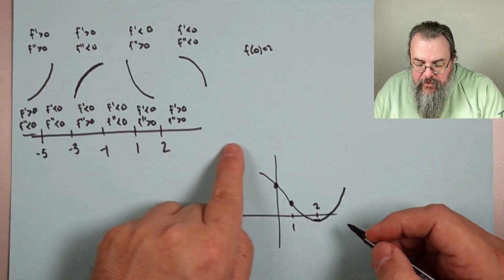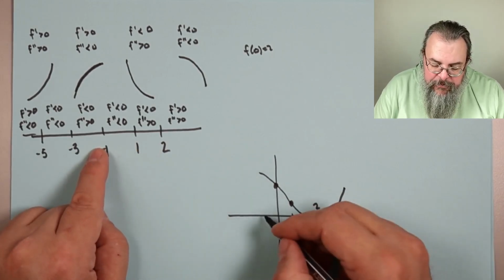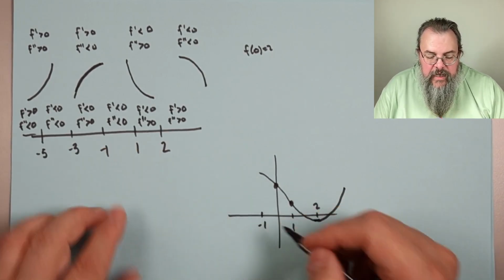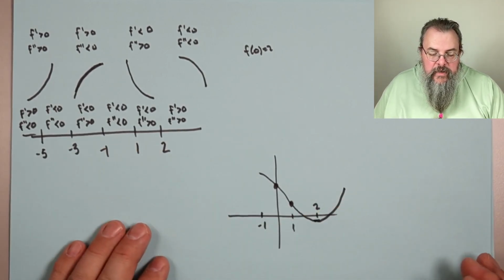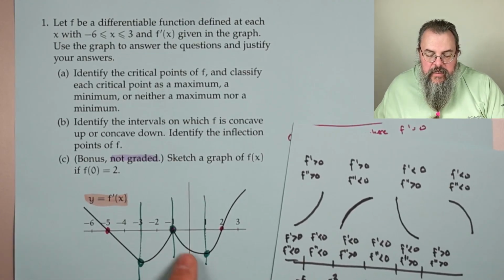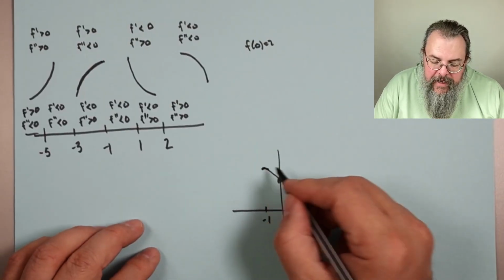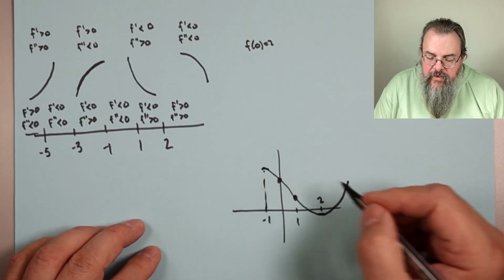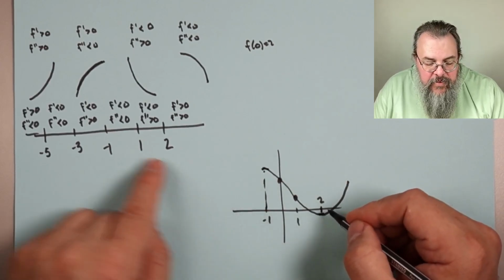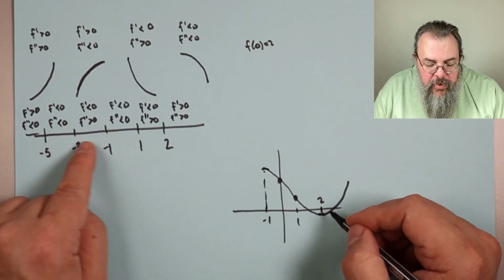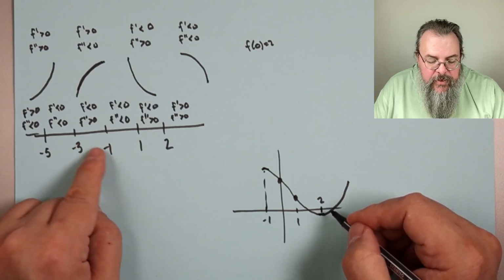So there's that basic shape. That was going forward. How about going back? At negative 1, and notice again at negative 1, the derivative is 0, so we become flat. Now, from negative 3 to negative 1, what's happening?